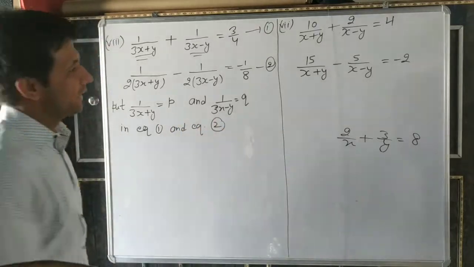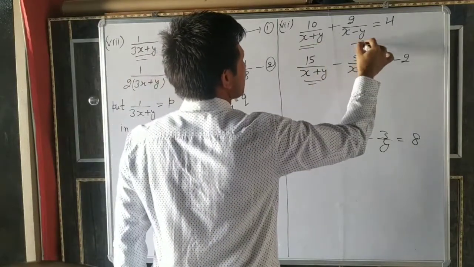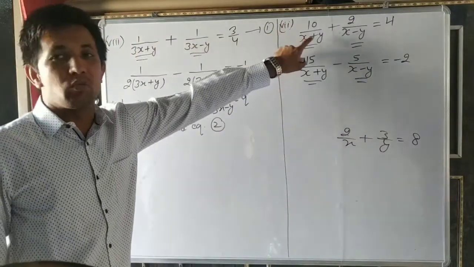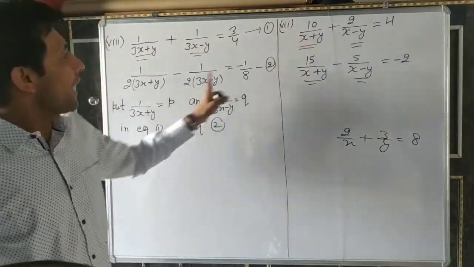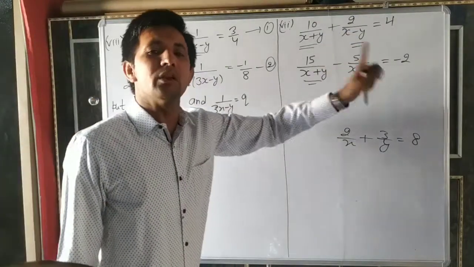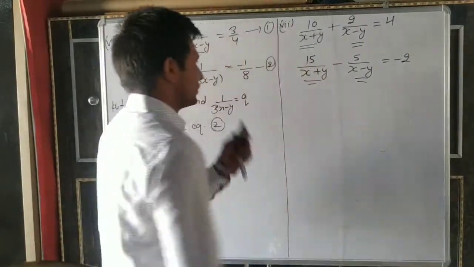Same as it is here, dear, we will put x plus y, x plus y, x minus y, x minus y. Put 1 by x plus y equal to p and 1 upon x minus y equal to q. Put in equations 1 and 2.